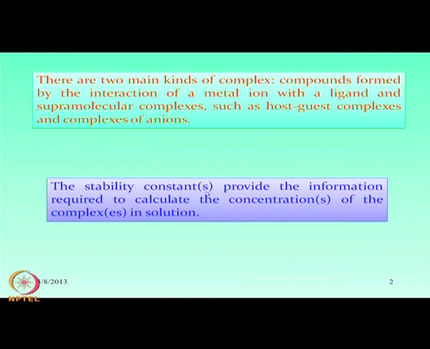The stability constant or constants that we can get from this information will be required to calculate the corresponding concentrations of the complexes in solution. That means, if we know the concentrations of the reagents, then we can find out the concentration of the complex species.